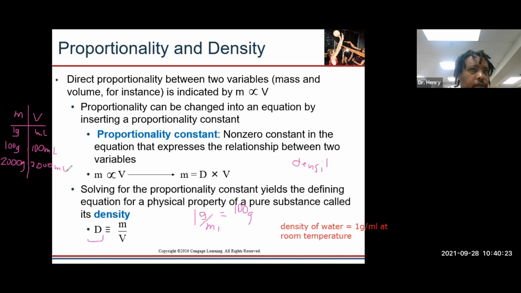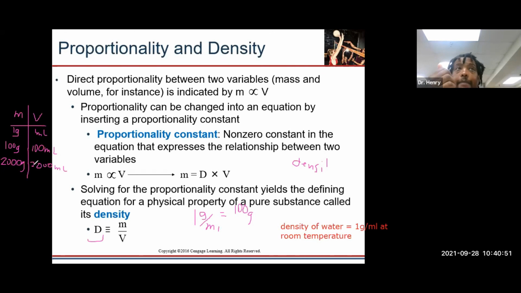Does that make sense? Yes or no? Okay, so my mass went up to 100, my volume went up to 100. My mass went up to 2,000, my volume went up to 2,000.